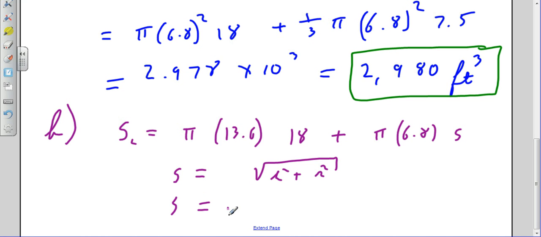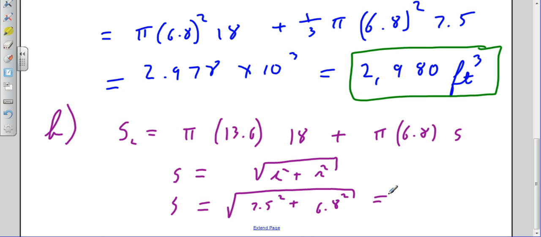So s is going to be the square root of height, 7.5 squared, plus the radius, 6.8 squared. Okay, so now it's time to take out my calculator.